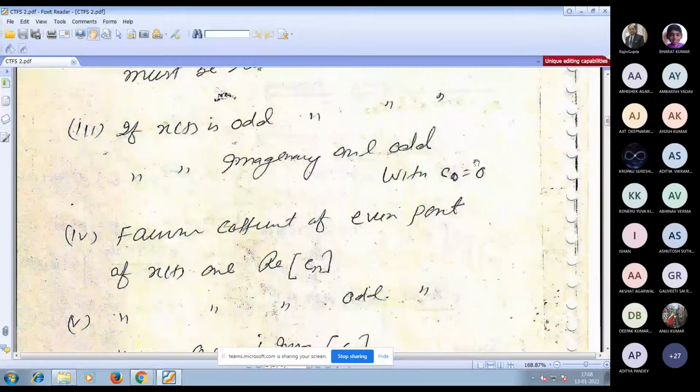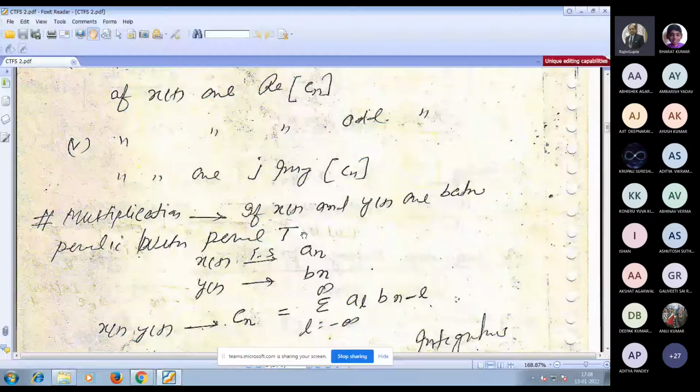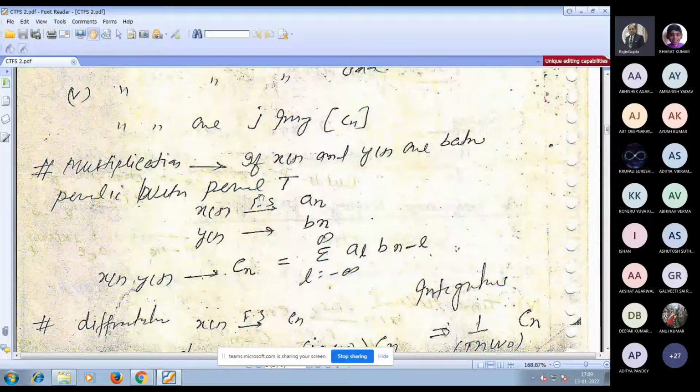The next property is multiplication. Suppose we have two periodic signals, xt and yt, with their Fourier series coefficients an and bn. If I multiply these two signals in the time domain, how will their Fourier series coefficients change? The condition is that xt and yt have to be periodic signals.